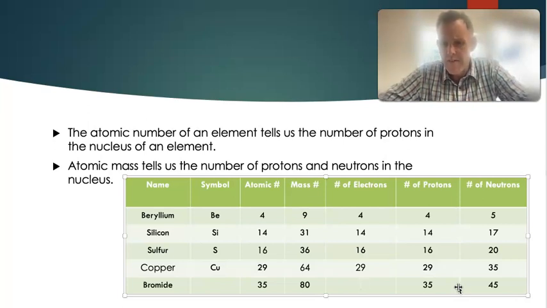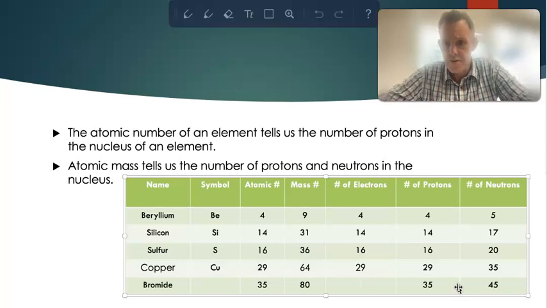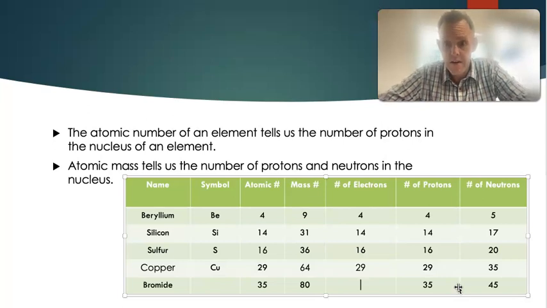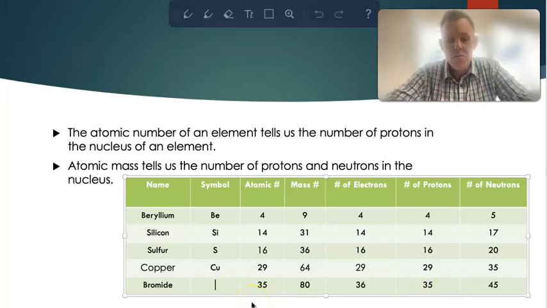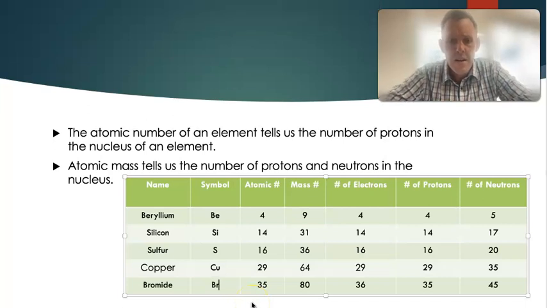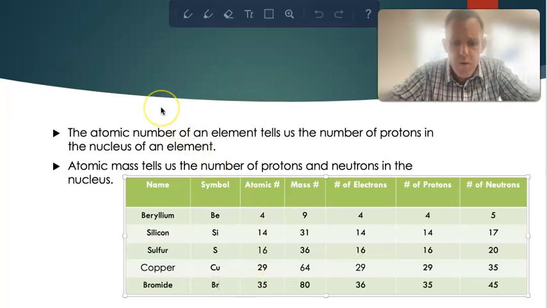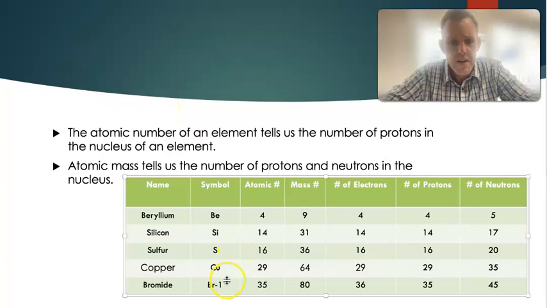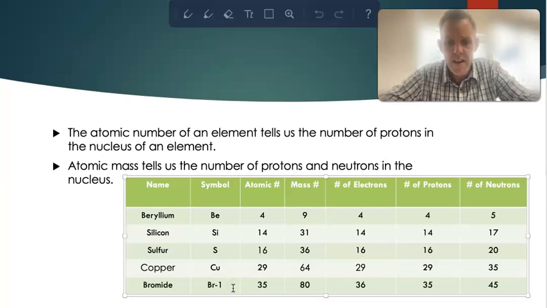If you can't remember how many it gains or loses, ask. I'll work you through that pretty straightforwardly. But effectively, bromide gains 1 electron, so we're dealing with 36 electrons in its structure. What does this mean for its symbol? Well, it's going to be Br, but it needs the -1 charge up in the top corner. Now, I can't find my little button to make that a power, but that would be up as a power in the top right-hand corner of that symbol.